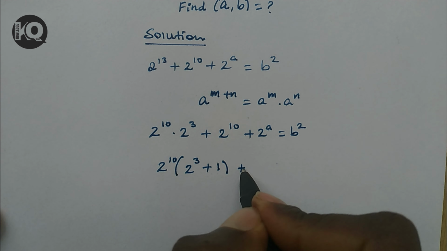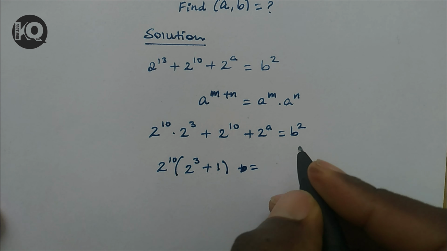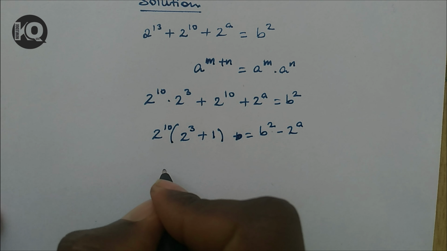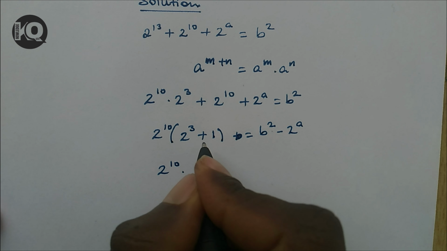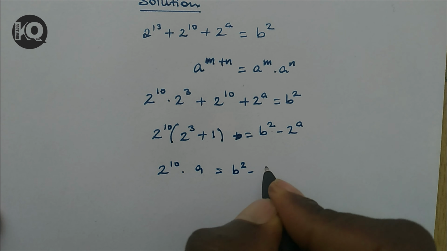We can take this one to the right hand side, so b square minus 2 to the power of a. So 2 to the power of 10 times, this will be 2 to the power of 3, 8 plus 1, that's 9, which is equal to b square minus 2 to the power of a.